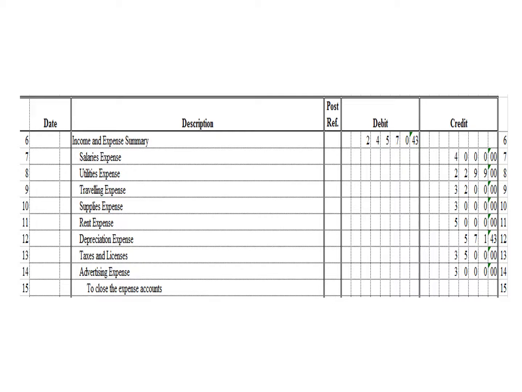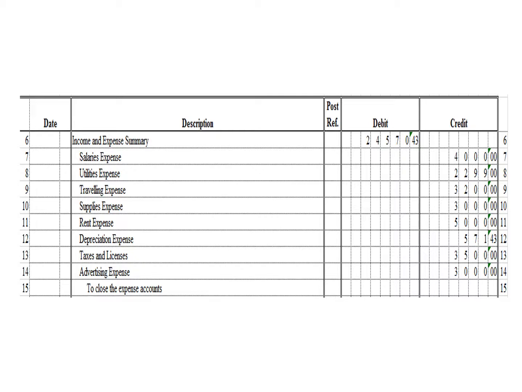To close the expense accounts, we debit income and expense summary for 24,570 pesos and 43 centavos. We credit salaries expense 4,000 pesos. We credit utilities expense 2,299 pesos. We credit traveling expense 3,200 pesos.